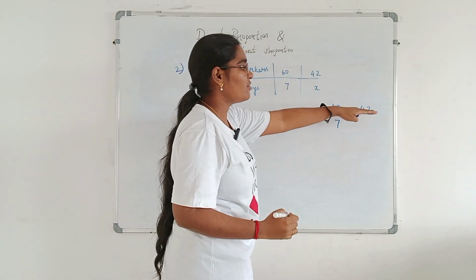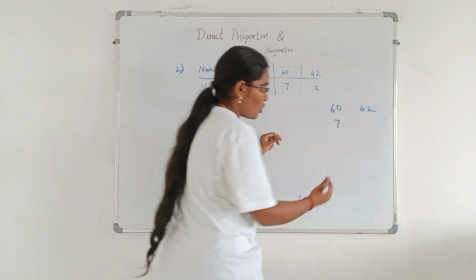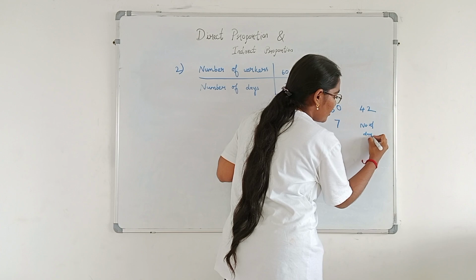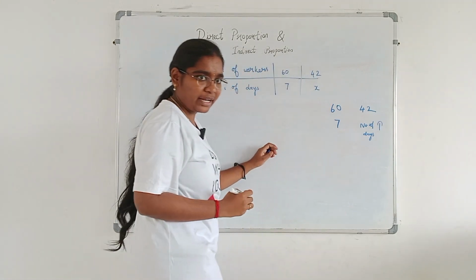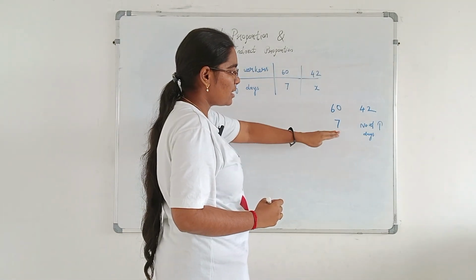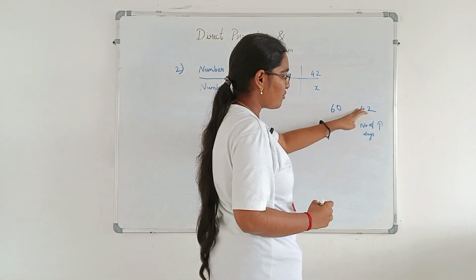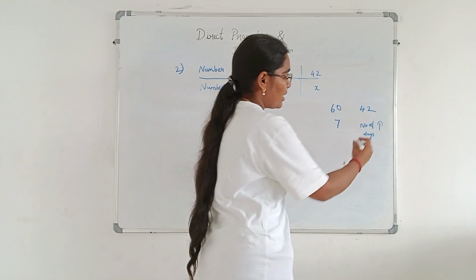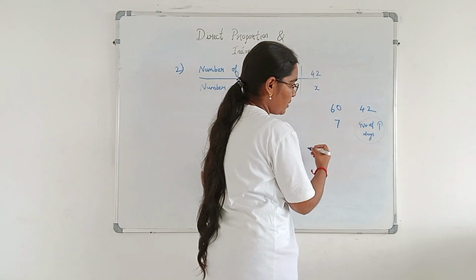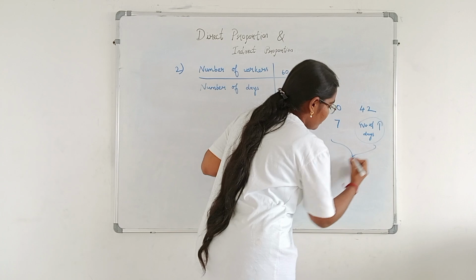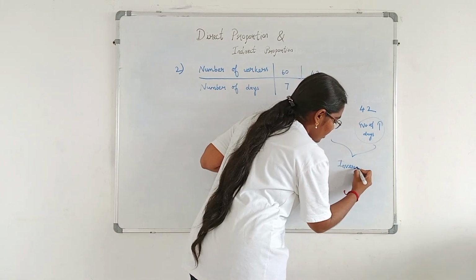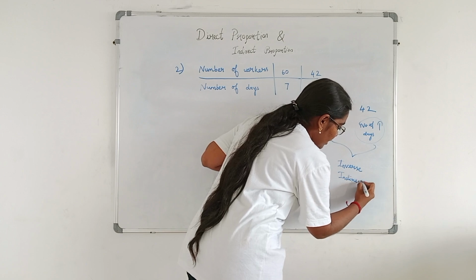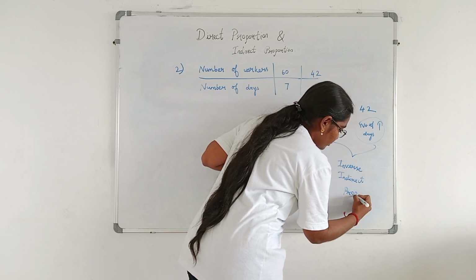Here the number of workers has decreased, so the number of days will increase. Here the value will be above 7 for sure. So these are in inverse. These are varying inversely. So this is indirect proportion.